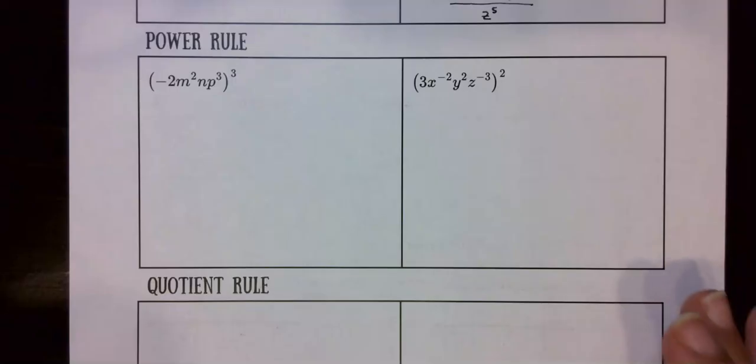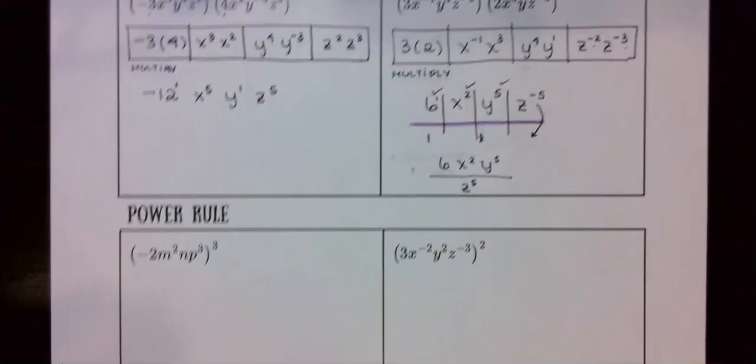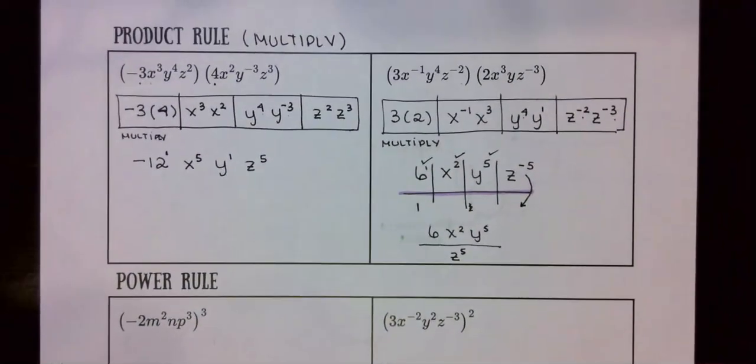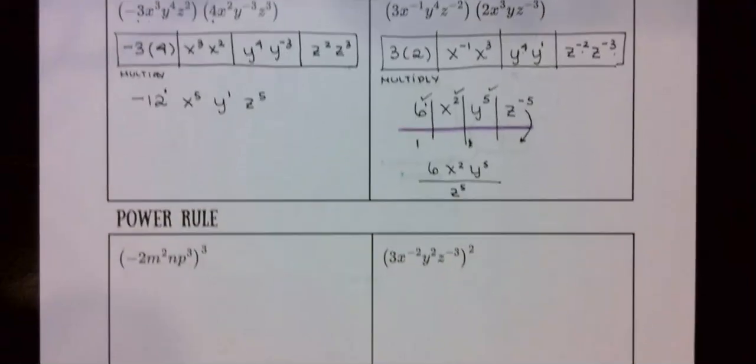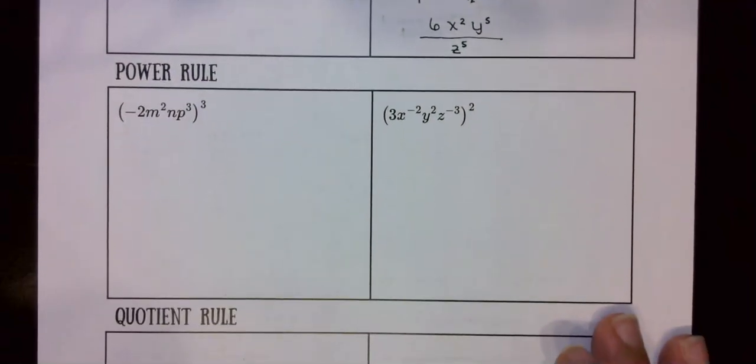So one of the things that I want to point out is the difference between what the product rule looks like. The product rule has more than one set of parentheses, and sometimes you don't have parentheses. Maybe you have a dot that represents multiplication. So you definitely want to look at your problem. But the power rule, you will notice, looks slightly different.